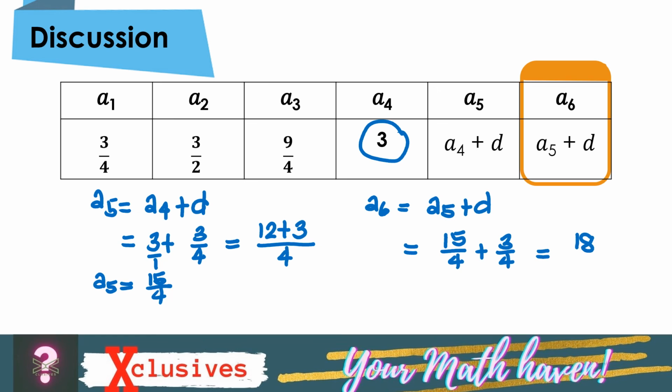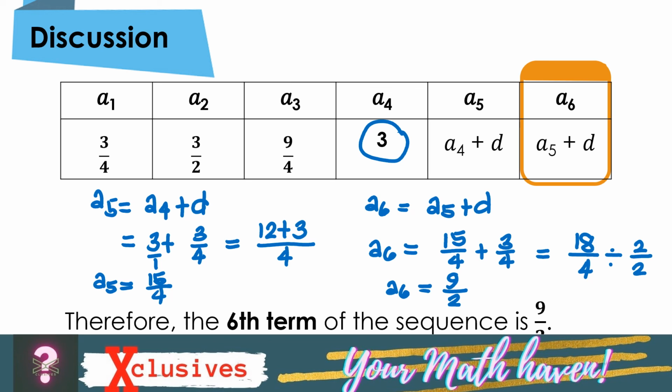We can directly add since we have common denominator 4. Now, can we simplify our answer? Yes, they have a common factor 2. So we can divide both the numerator and denominator by 2. And therefore, our sixth term is 9 over 2. There we have it. We're done for our third example.